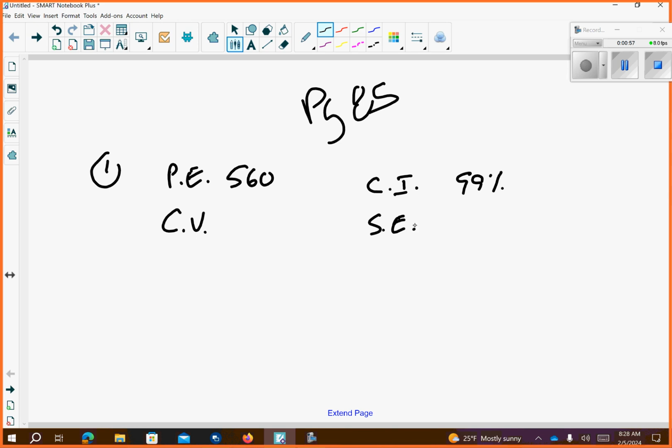All right, so let's look at it for a few things. The critical value, in order to find this, that's our z-score. So this will be our normal dist on Desmos.